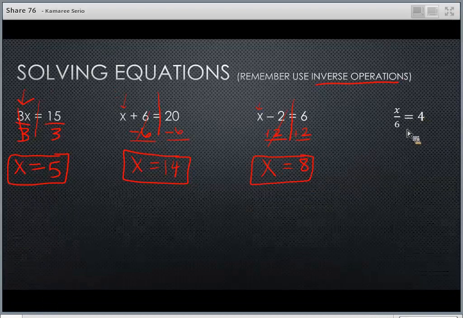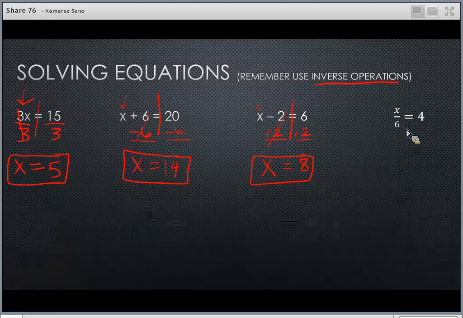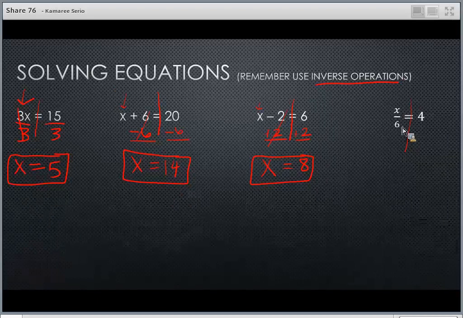Now this one over here probably looks the weirdest. However, don't get too caught up on it. Again, your equal sign is always your barrier. Now this says x divided by 6. Remember, anytime you see a fraction like this, fractions also represent division. So this is saying x is being divided by 6.